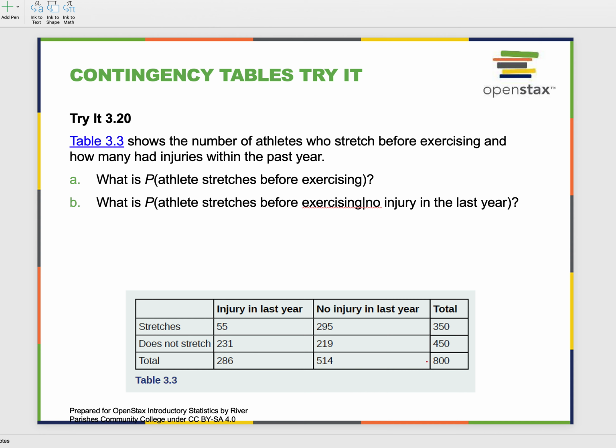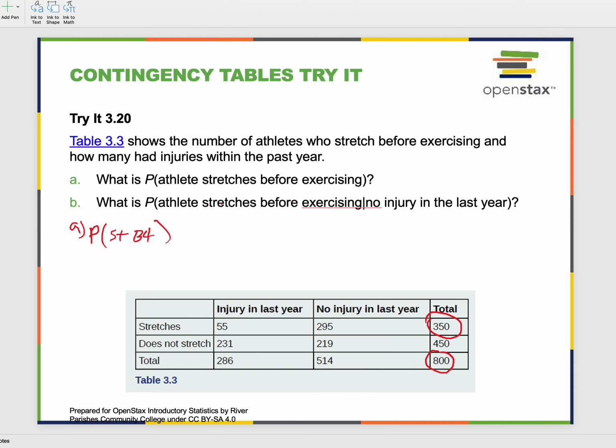So what's the probability of athletes that did stretching before exercises? So let's look at it this way. A. How do I use this table to do this? Probability of stretch before. Well, how many stretched before? I had 350 divided by 800.